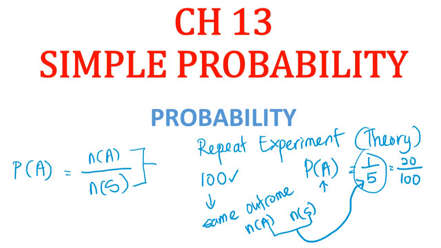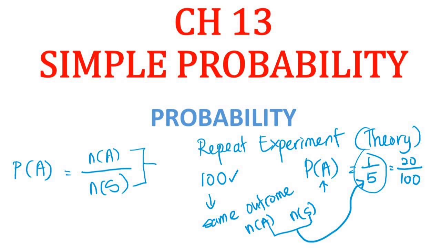When I repeat the experiment, I should get the same result, 1 over 5. So what is the fraction I can get the same result as 1 over 5? I have no choice, I must use 20 over 100.